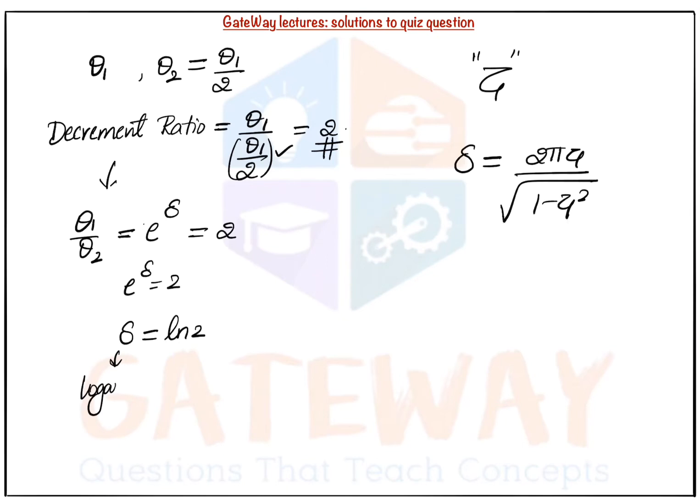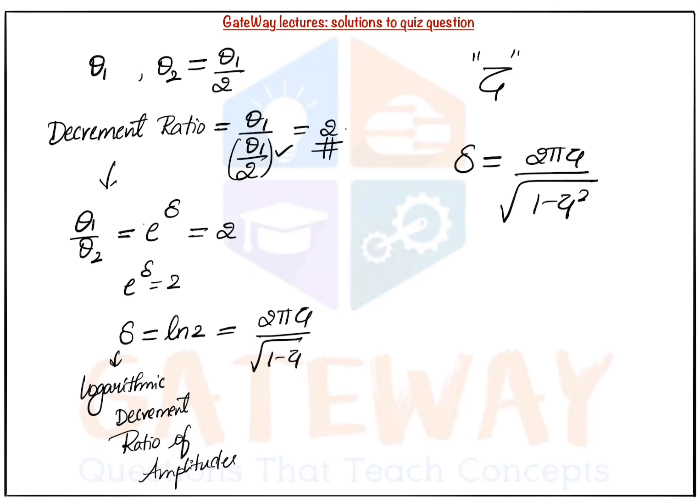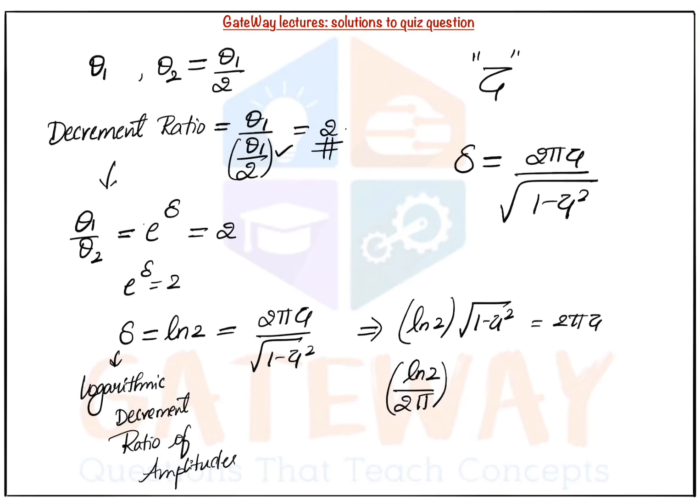This is the logarithmic decrement of amplitudes, and ln 2 is equal to 2 pi zeta upon root over 1 minus zeta square. ln 2 is 0.6931. We take ln 2 on one side and root over 1 minus zeta square on the other, so ln 2 upon 2 pi into root over 1 minus zeta square is equal to zeta.